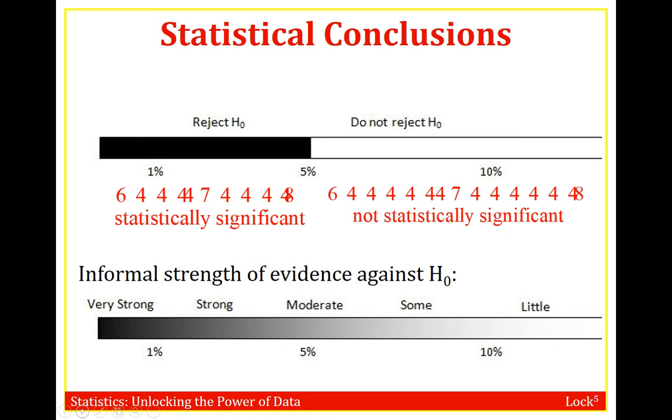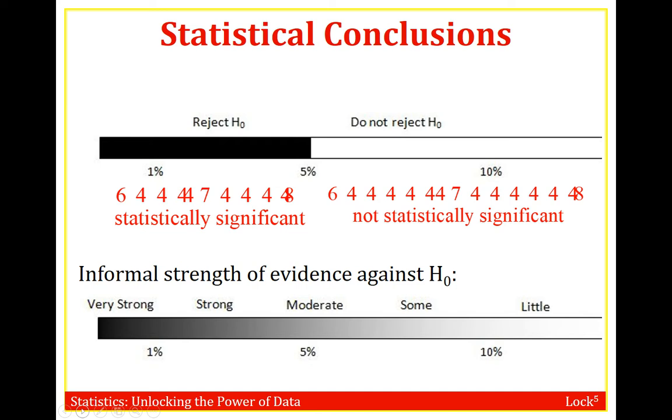So numbers up to 5% are going to be rejection time. Anything over 5% is not a rejection. The further you get away from rejecting, the greater you feel good about rejecting something.